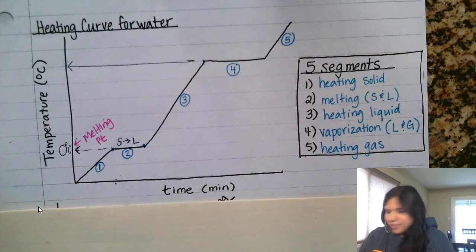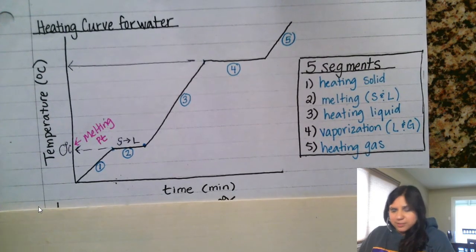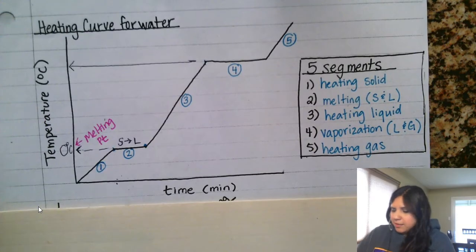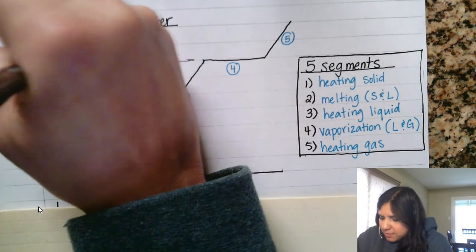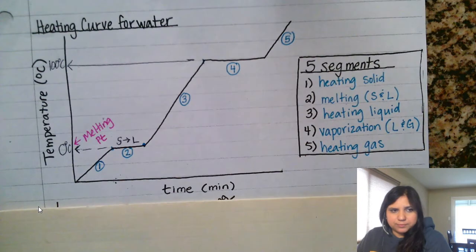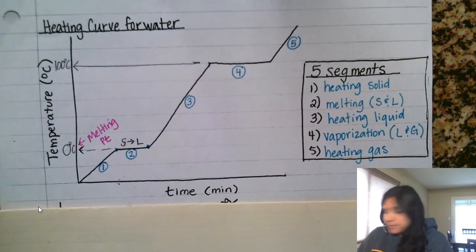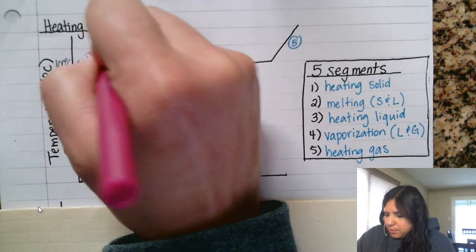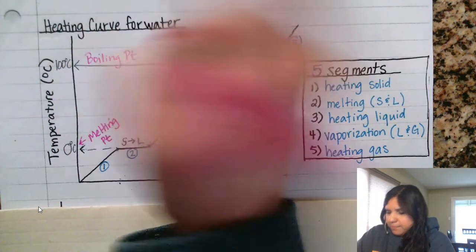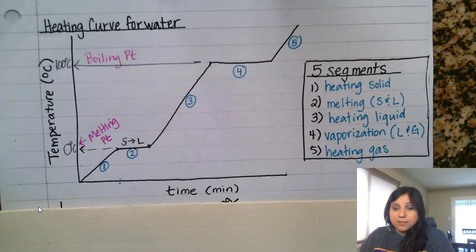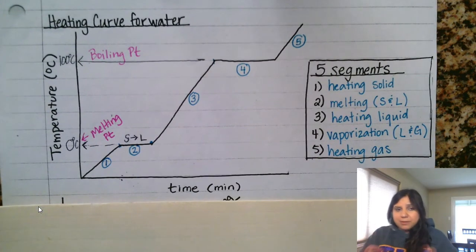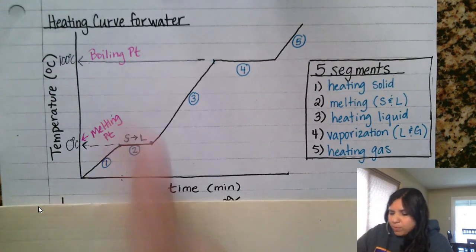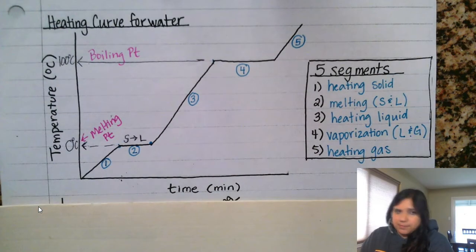Hopefully you remember that the boiling point of water, on the Celsius scale, is 100 degrees Celsius. Now remember, this is specific to water. I'm going to write that. That is the boiling point. If this were a different substance, that 100 and 0 would not be true. We'd have to figure out what it is based on the scale that's here.